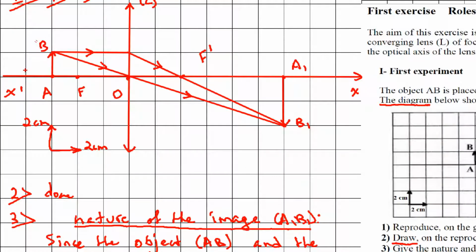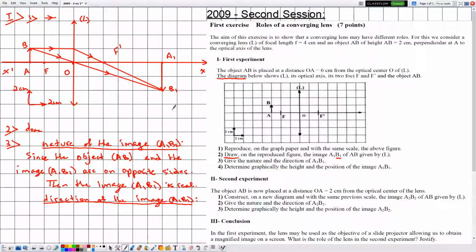Notice that the object AB is pointing upward and the image A1B1 is pointing downward, which means that the image is in an opposite direction with respect to the object AB, which means it is inverted. Then let's write down: the image A1B1 is inverted with respect to the object AB.